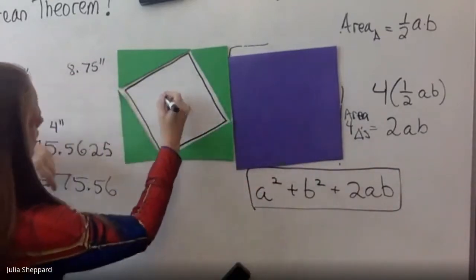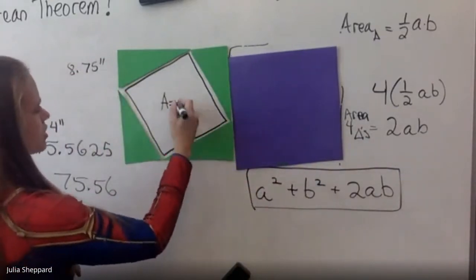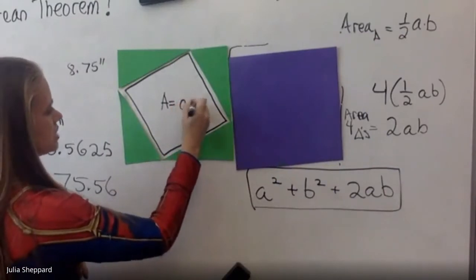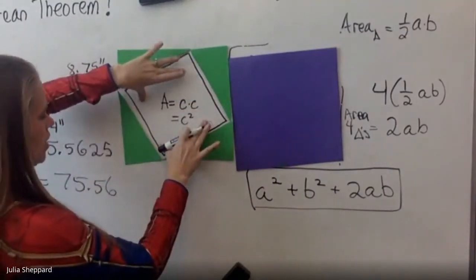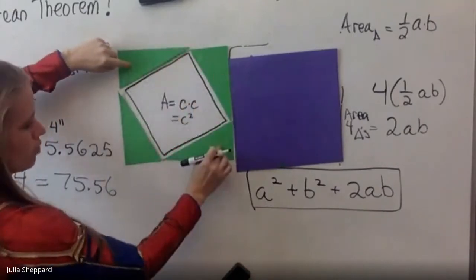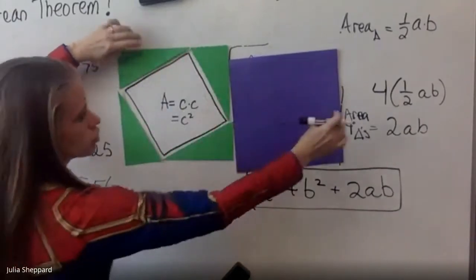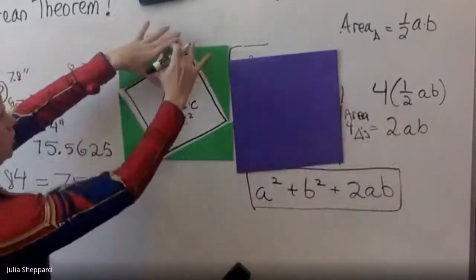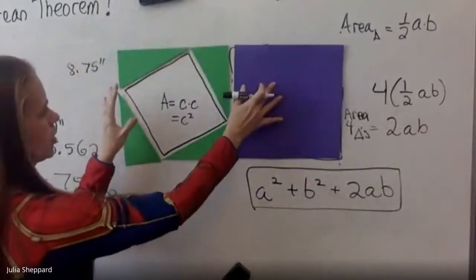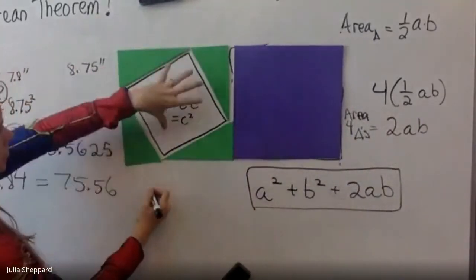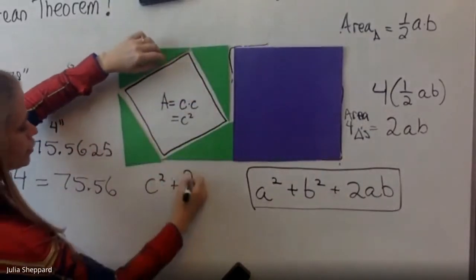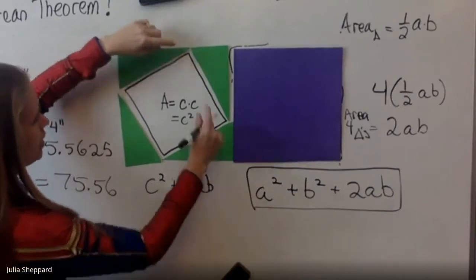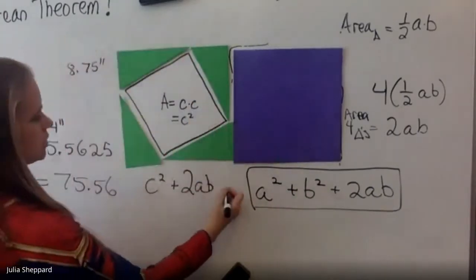So this area of, sorry, did I say rectangle? Special rectangle is C times C, which is C squared. So that's this. So plus the four triangles, which we already know is 2AB. So we could say this whole purple square is the same as the middle big square, C squared, plus 2AB, because that is all four of these.